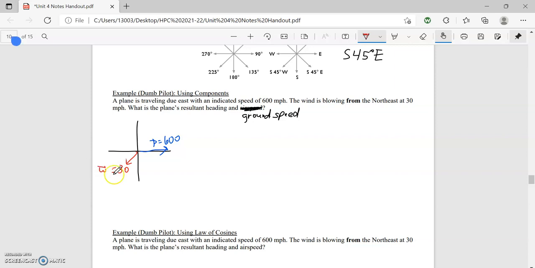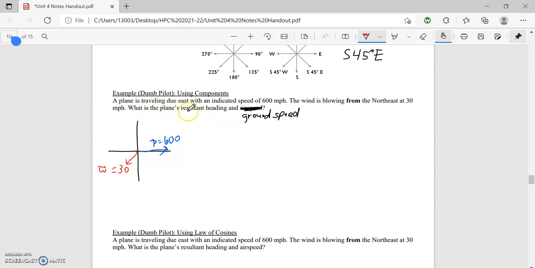Okay, so vector W, 30, with this southwest heading. So we do have the bearings, the speeds, the magnitudes of the plane and the wind.